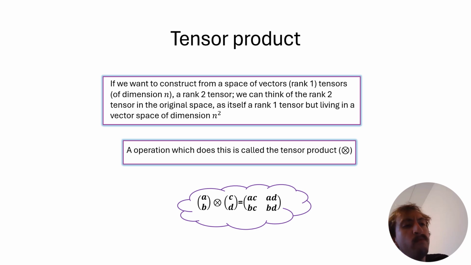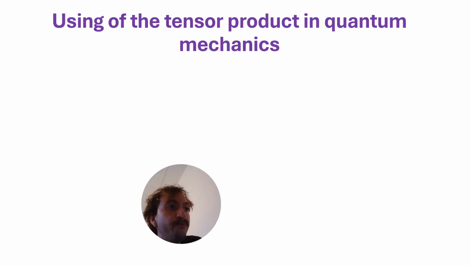And we're now going to think about, if we've got a composite system, whether we would like to use the direct product or tensor product to build our vector space for describing the state of our composite system.